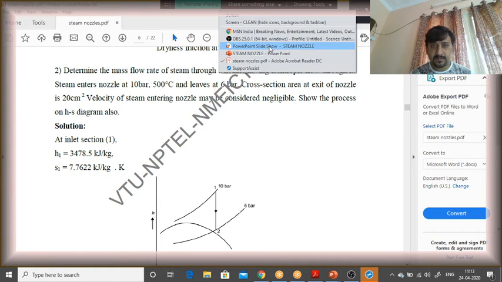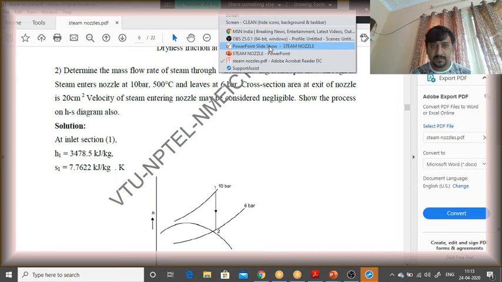From this point, take a straight line, use your scale, draw a straight line from this point such that it meets the 6 bar line. From this you will get H1 and H2. So note down what H1 and H2 are.